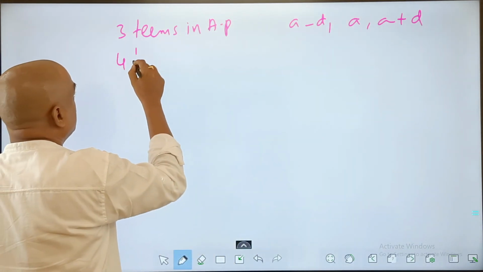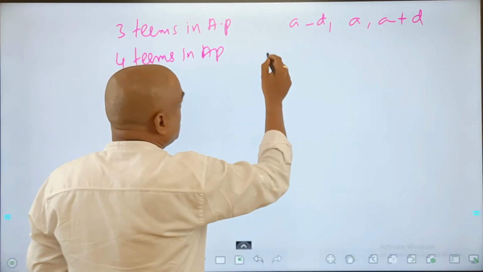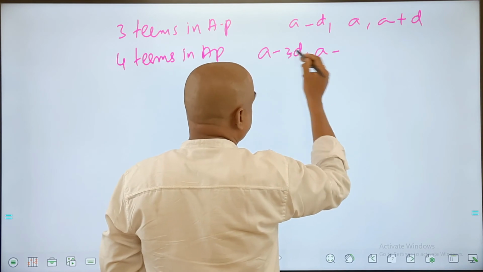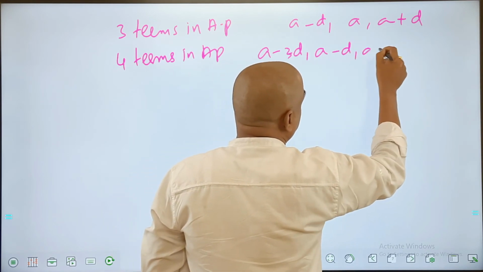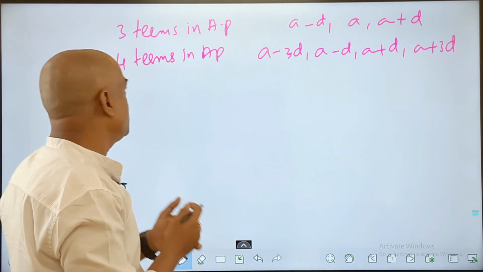Similarly, if he said 4 terms in AP, then it should be A minus 3D, A minus D, A plus D and A plus 3D as the first 4 terms.